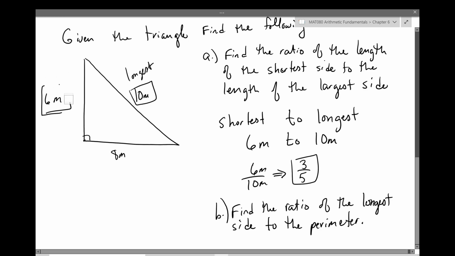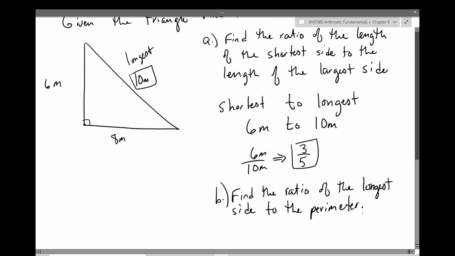So let's erase this real fast so we don't get confused. But now we need the perimeter. We know perimeter is just the outside distance that encompasses the triangle. So the perimeter is going to be 10 meters plus 6 meters plus 8 meters. So let's do this easy. 6 plus 8 is 14.